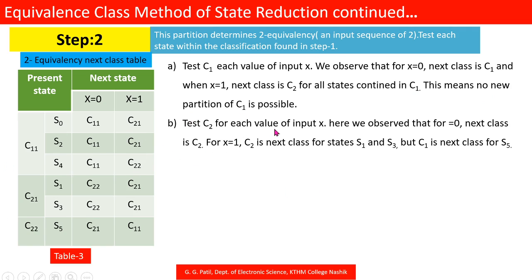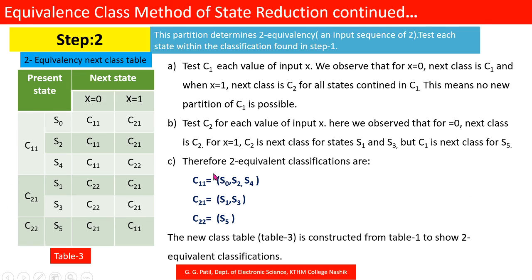Now test C2 for each value of input x. Here we observe that for x equals 0, the next class is C2, and for x equals 1, C2 is the next class for states S1 and S3. But C1 is the next class for S5.